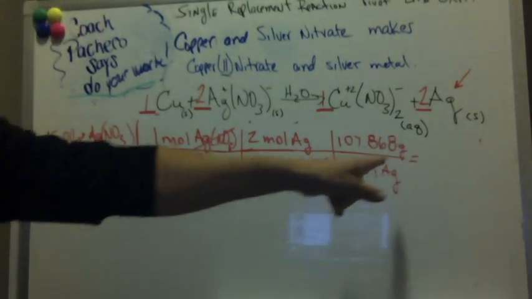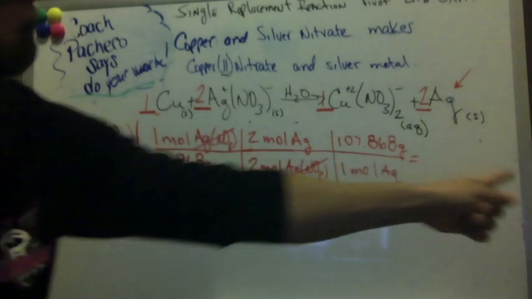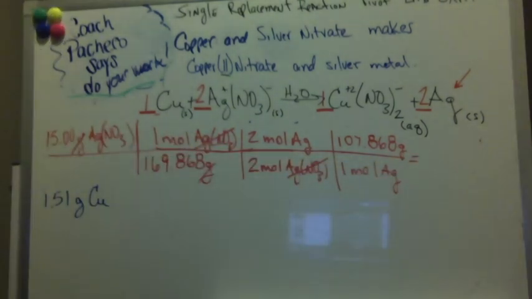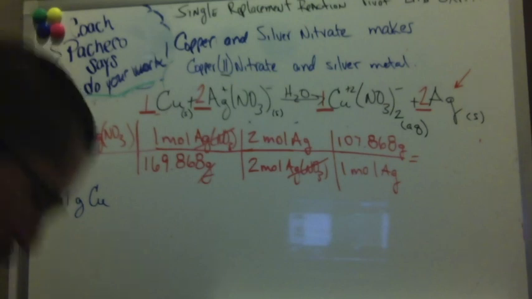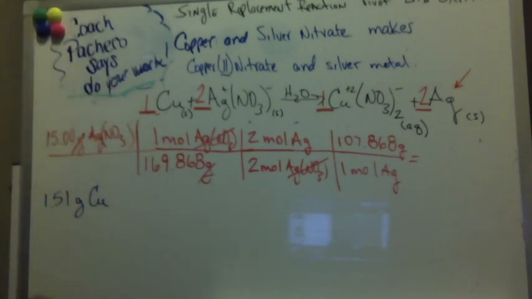This is now going to tell us how many grams of silver we should have at the very end. The way we're going to do this is we're going to multiply everything on top and divide by the bottom number.